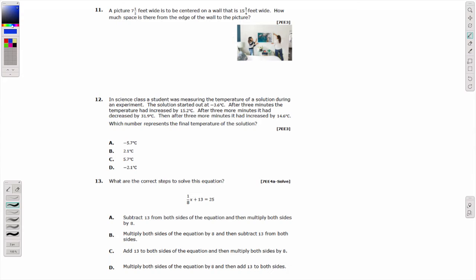Okay, that's nice. So there's a picture here that shows what's happening. The picture is 7.5 feet. Great, I can just annotate this picture right here. This width here, the picture is 7.5 feet.